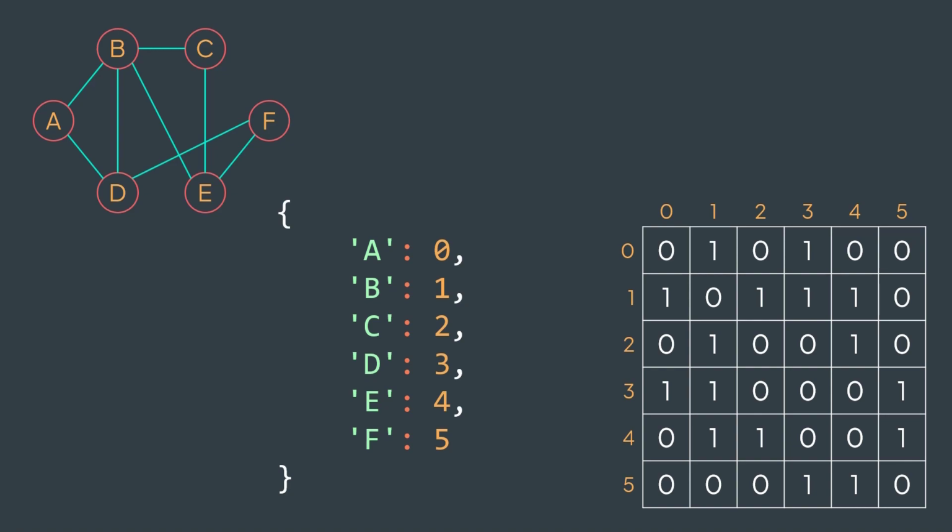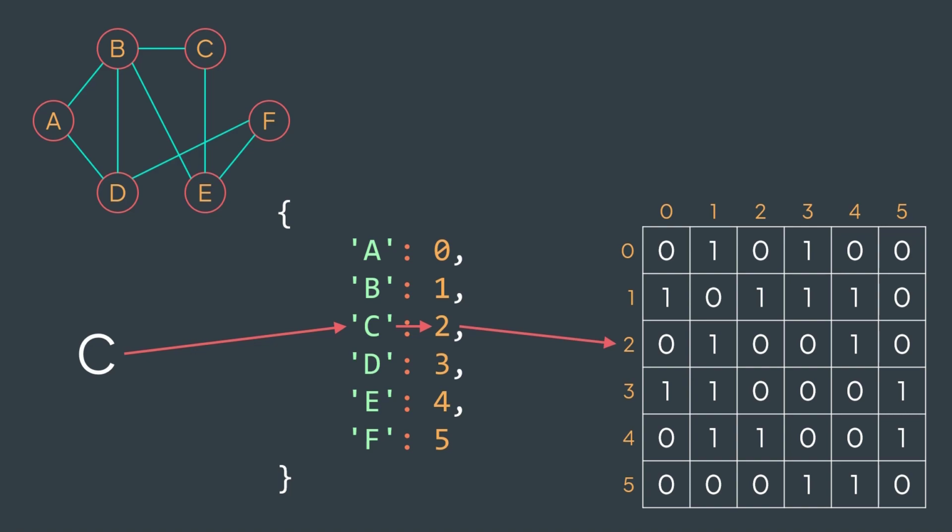For example, here we have 6 vertices A, B, C, D, E, F, so we create a matrix of size 6 by 6. Now we have 6 indexes 0, 1, 2, 3, 4, 5. We can, for example, decide to give index 0 to A, index 1 to B, index 2 to C, index 3 to D, index 4 to E, and index 5 to F. By doing so, if we want to access the row with the vertex C, for example, we check the map, we find 2, so we go to row 2.